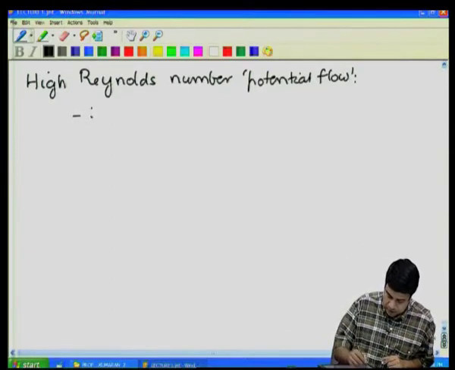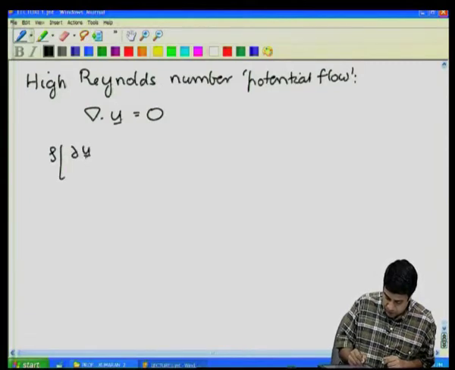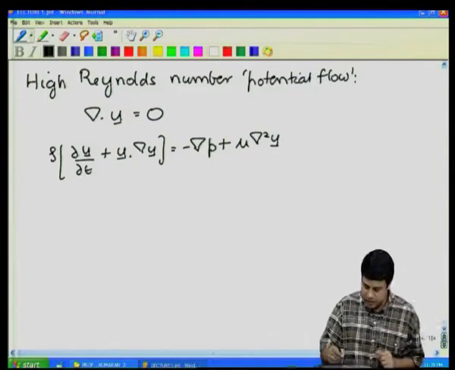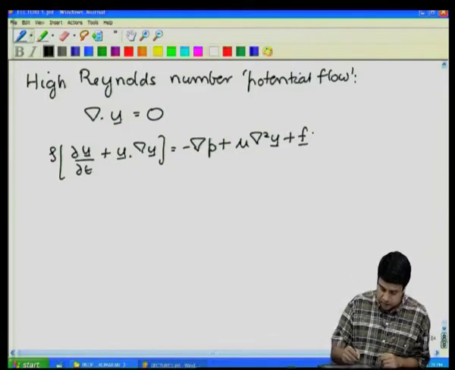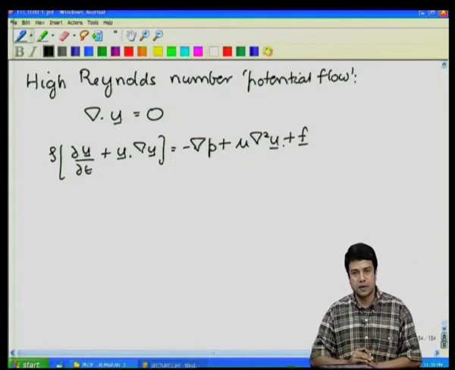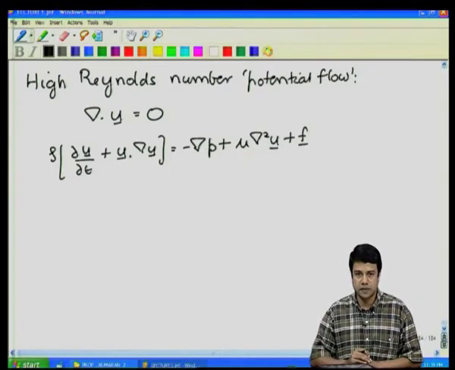The equations once again, the Navier-Stokes equations, del dot u is equal to 0 and rho into partial u by partial t plus u dot grad u is equal to minus grad p plus mu del square u, plus any body force that is exerted. So, that is the mass and momentum conservation equations.